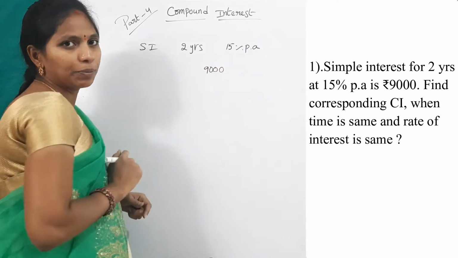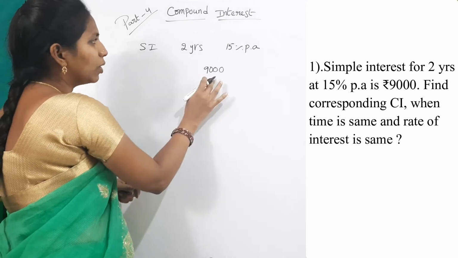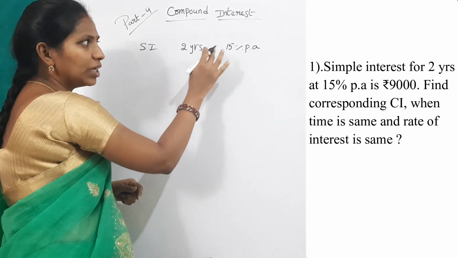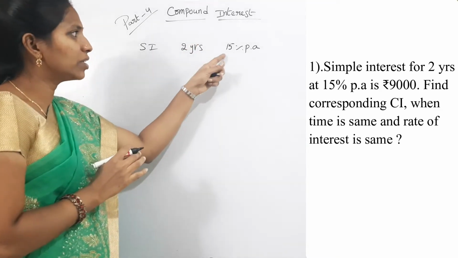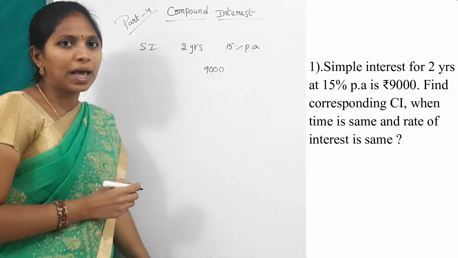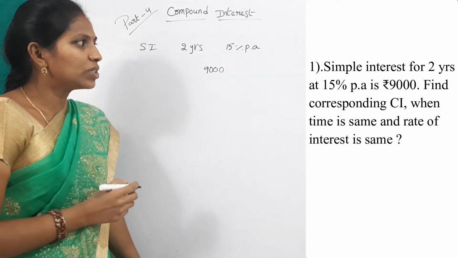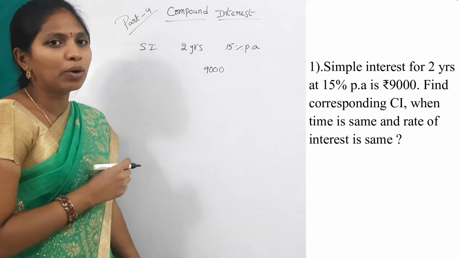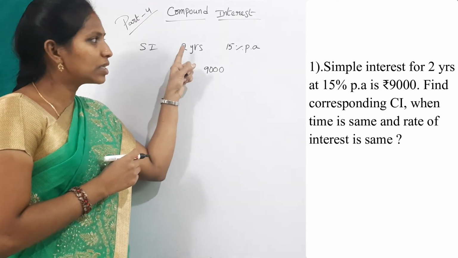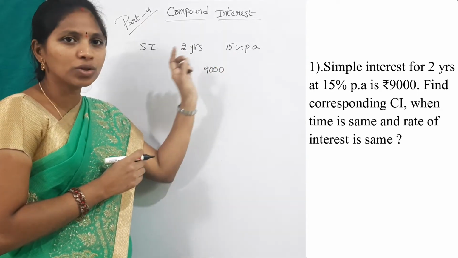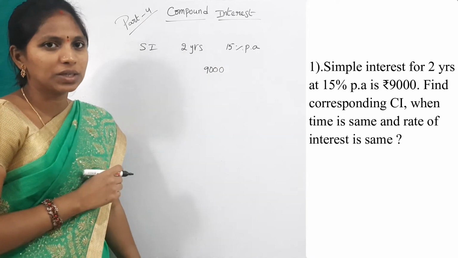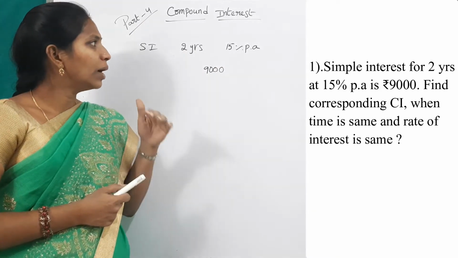This is given information. Simple interest equal to 9,000, time is 2 years and rate of interest is 15% per annum. Then what is the question? Find corresponding compound interest when time is same and the rate of interest is also same. That is the question. So first of all find out the principal.